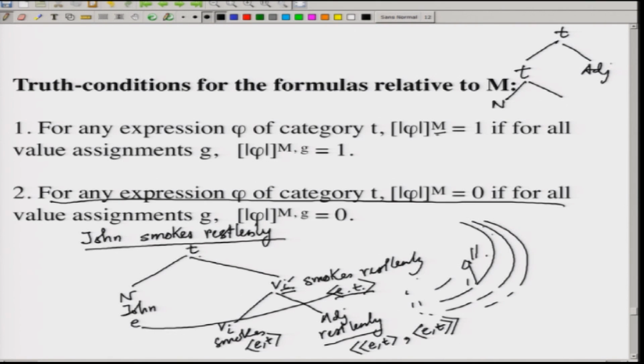Then T goes to N and Vi, so you could have John smokes, and then here restlessly. We'll see in the next session a construction like this. In that case, what would be the type? It's a wrong type, but what would it be? This is T, this is T, so it would be T to T. So our question is, how is it we are assigning the type E to T to E to T to an adjective, not T to T? We will talk about this in the next session, and then we'll go to L type. Thank you.